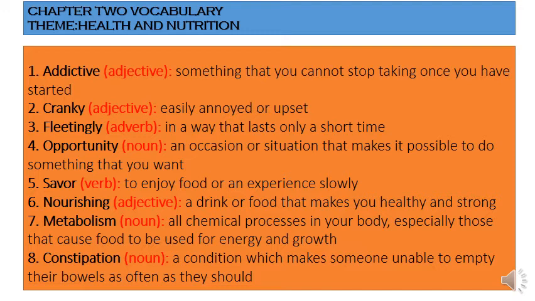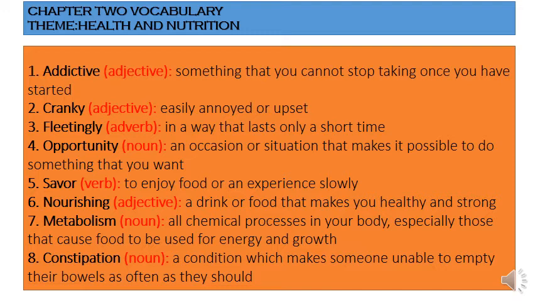Now we move to number 6, nourishing. It's an adjective. Something which is nourishing is something that makes you healthy, makes you strong, provides you with nutrients, with vitamins. Anything which is nourishing is a drink or food that makes you healthy and strong. Number 7, metabolism.